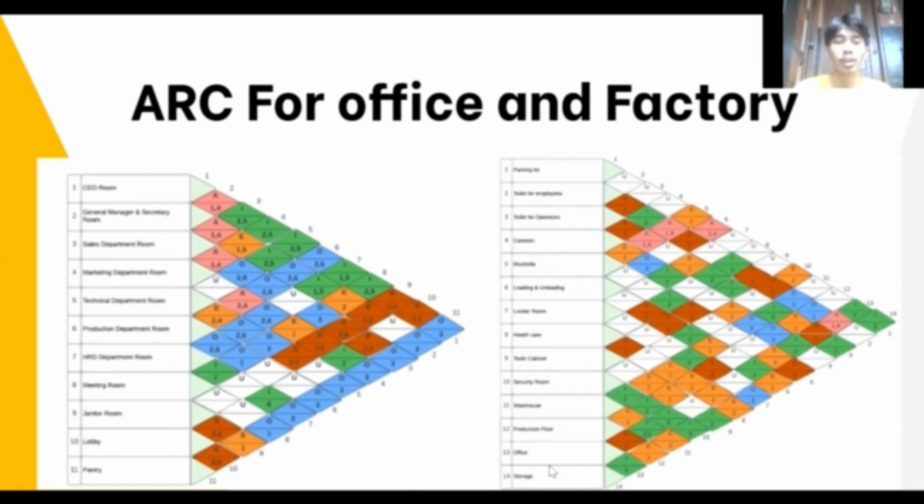ARC is a qualitative analysis method, so we don't use any number to represent the relationship. Instead, we use alphabet codes such as A, E, I, O, U, and X. A is absolutely necessary, and X is to avoid closeness.